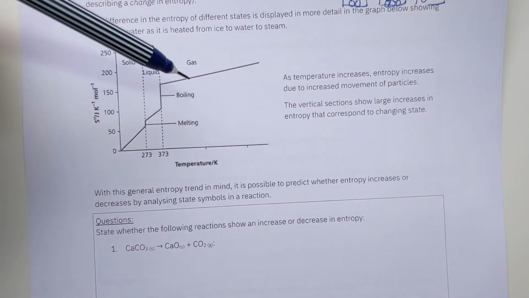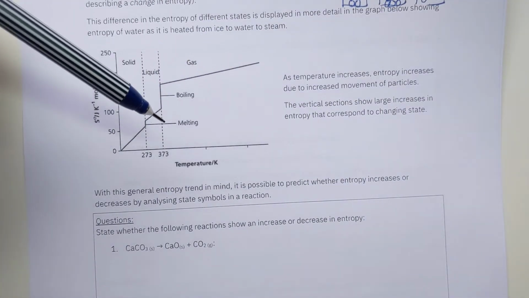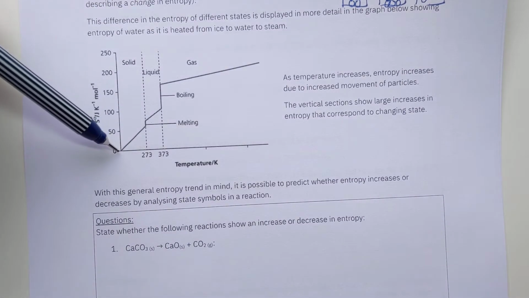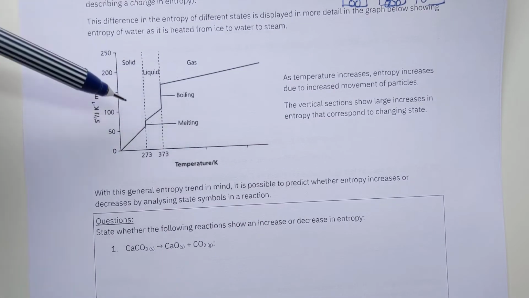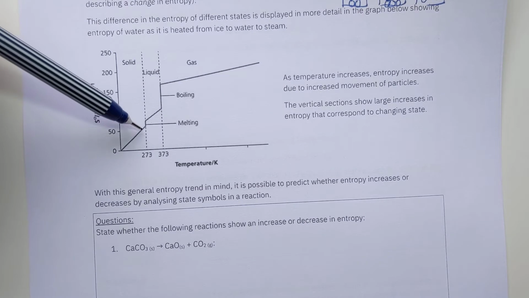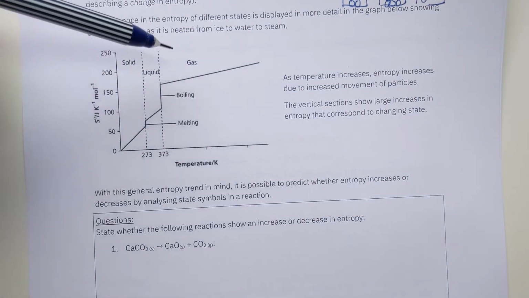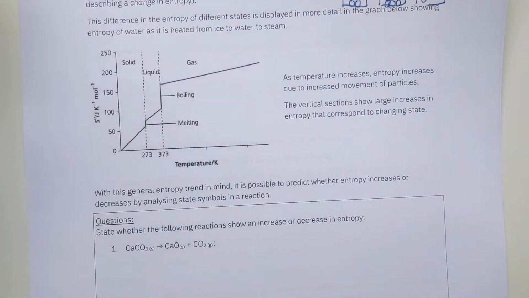Entropy generally does increase as temperature increases, simply because vibrations and movements are increasing, and that's always going to increase disorder. So we see an increase from 0 Kelvin up to the point where, this is still for water, where ice is going to melt, then it increases more, then it's going to boil, then the steam is going to increase in entropy as it heats up and the particles move quicker.